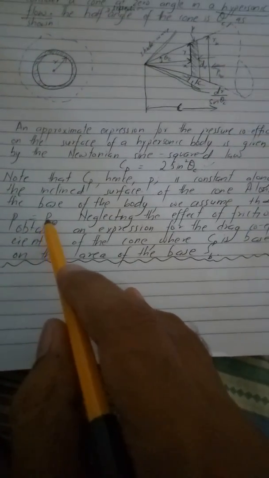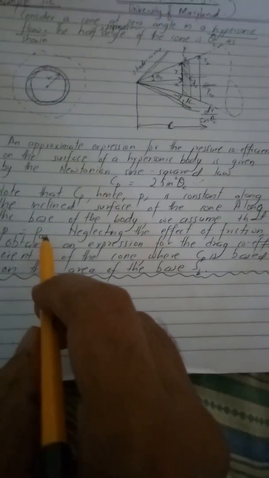Along the base of the body, we assume that the pressure is equal to the back side pressure, p infinity, and we take the pressure over dx as a force.